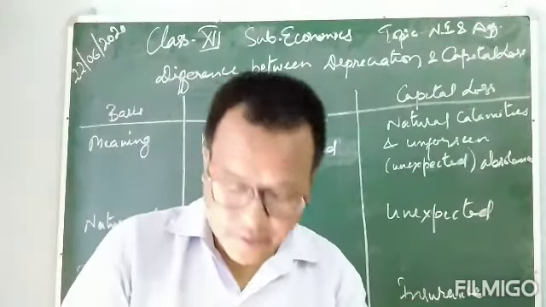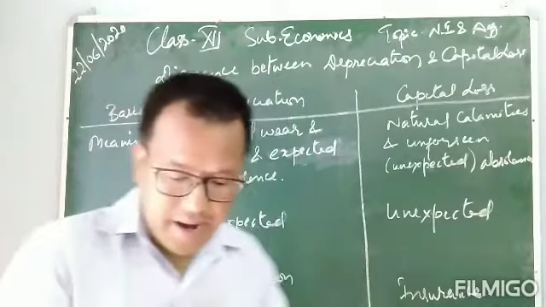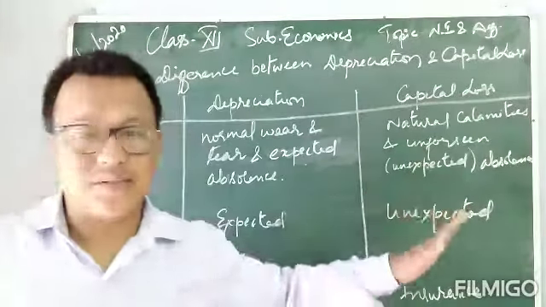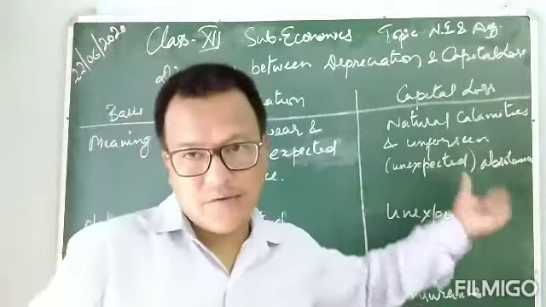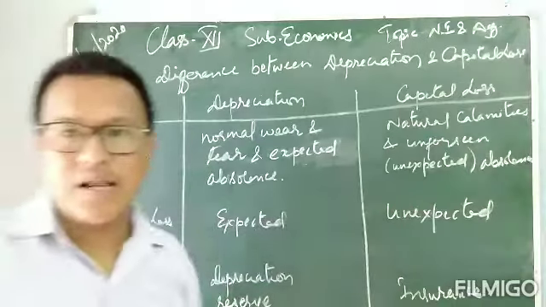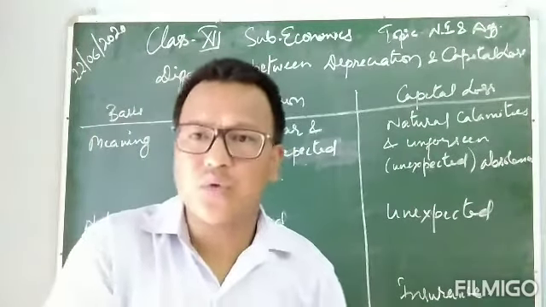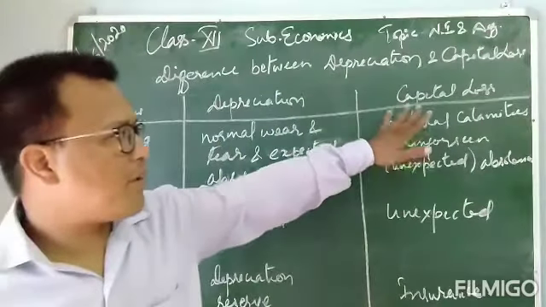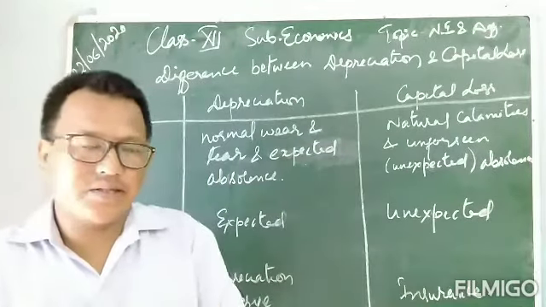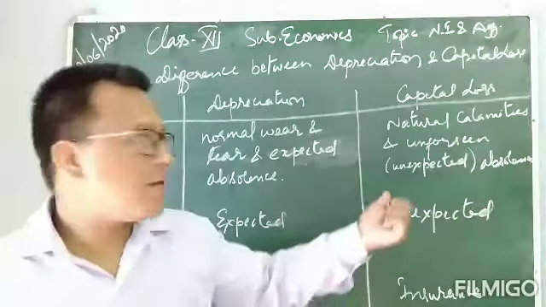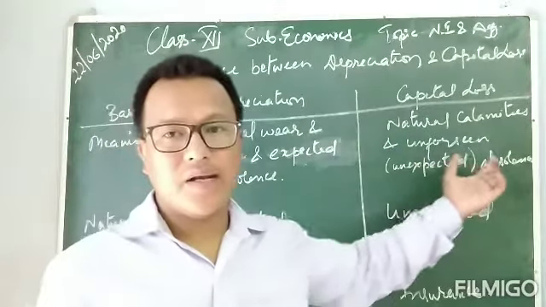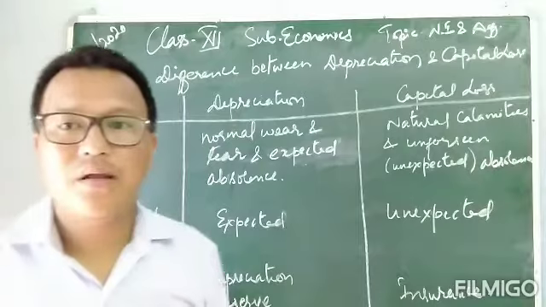Capital loss is due to natural calamities and unforeseen, or unexpected, obsolescence, in which the loss in the value of fixed assets occurs. So this is the meaning of capital loss.